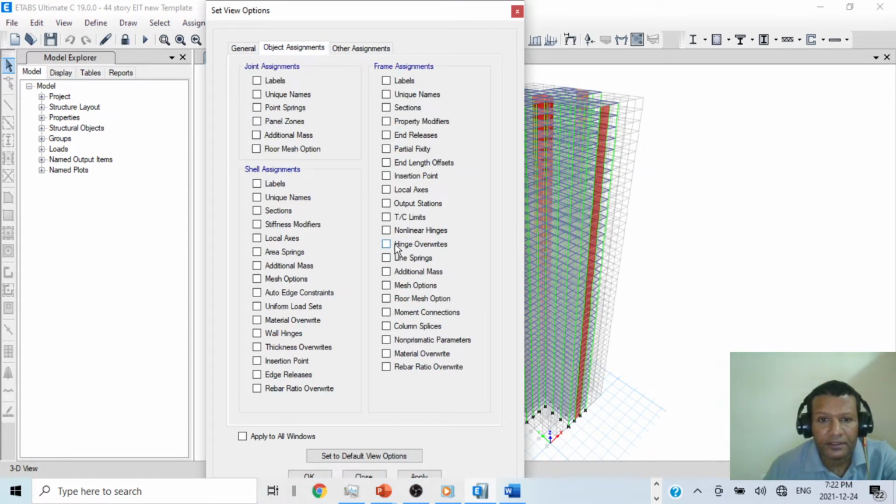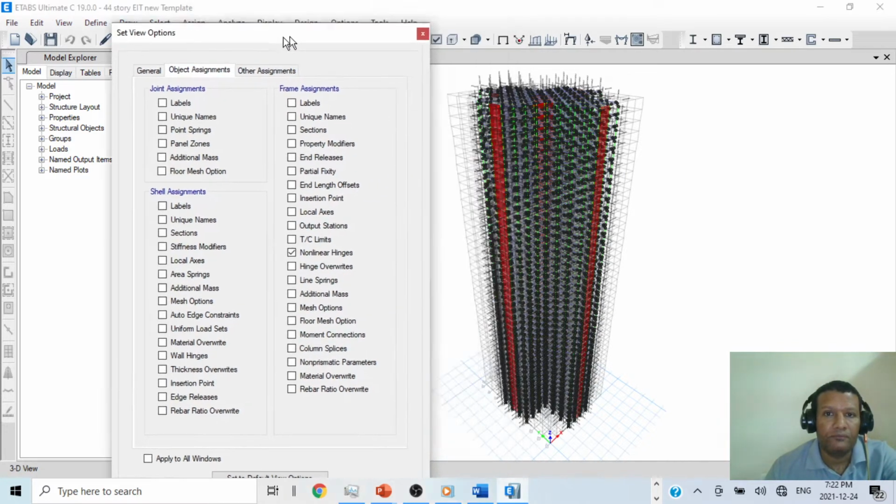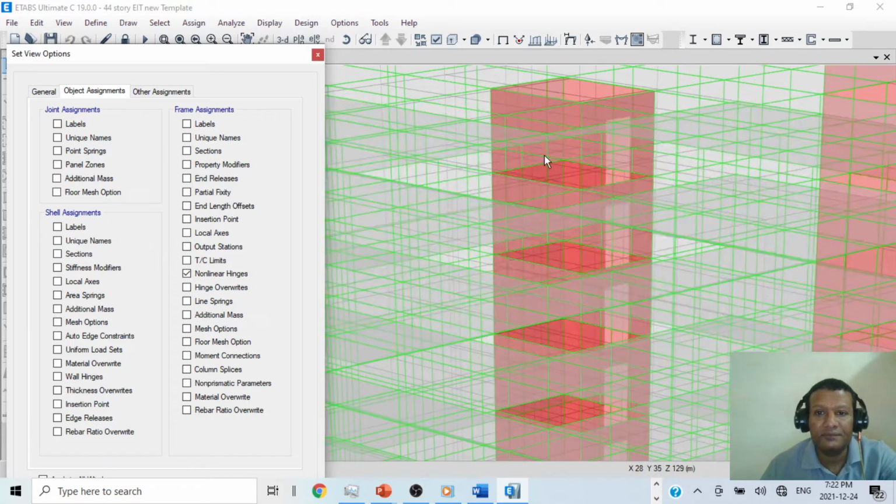if we go here to the nonlinear hinges, if I say apply, as you can see, these are the hinges.